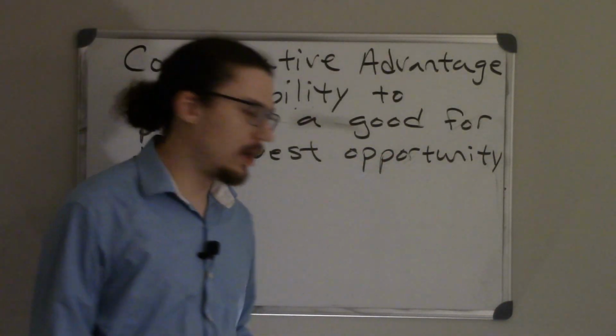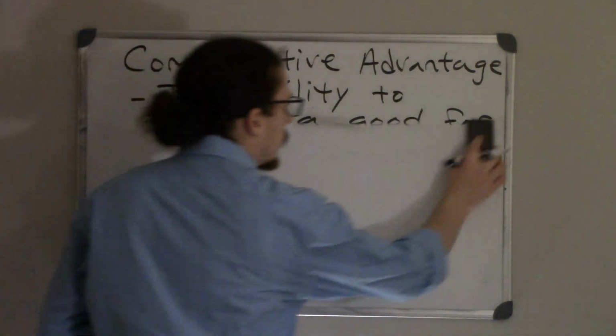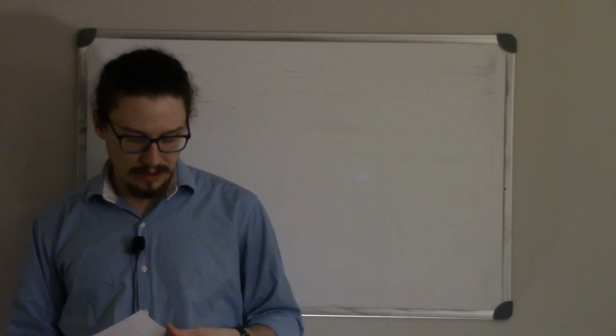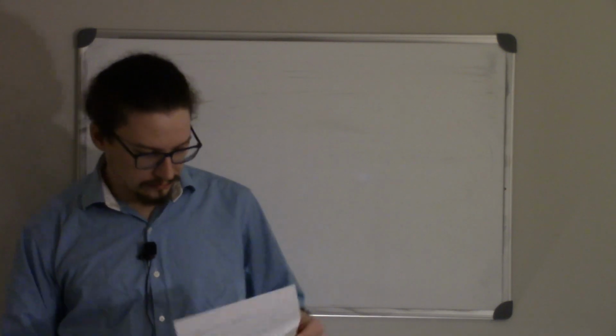Now, we've already discussed opportunity costs a little bit, but let's go ahead and throw down a more official definition, because I can't remember if we actually did one in the last video or not.